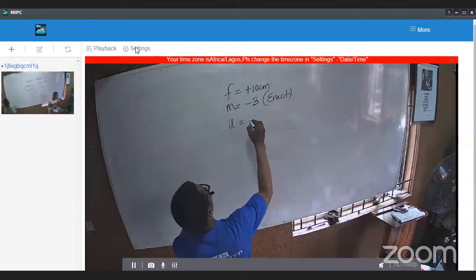Now, let's use a converging lens. Our F is 10. Don't wonder: the object is erect, so it means our U was 6.67, somewhere here.